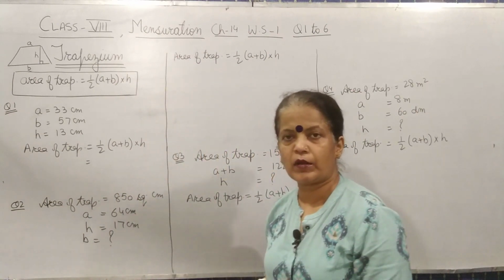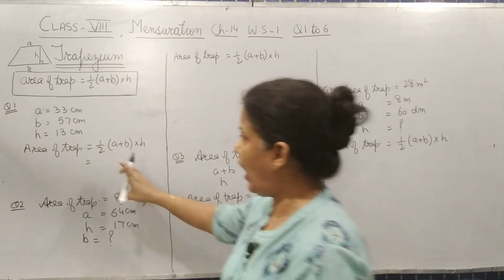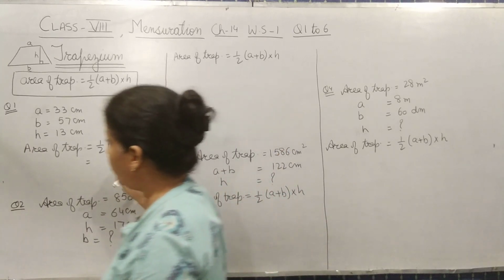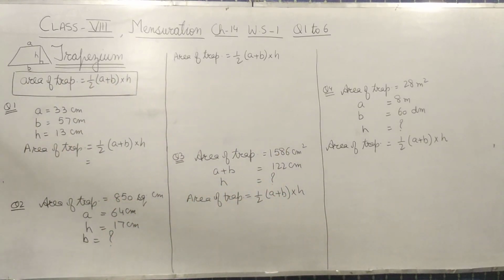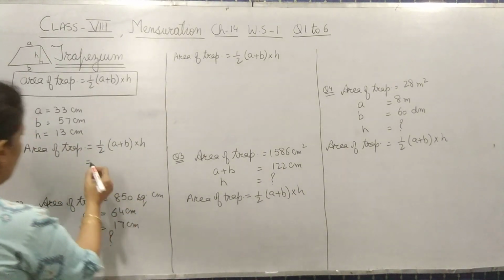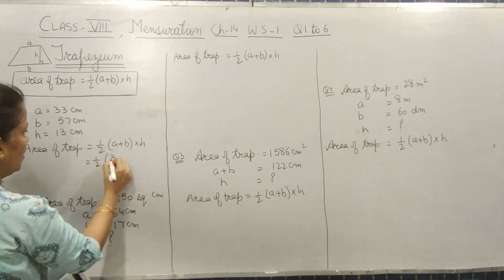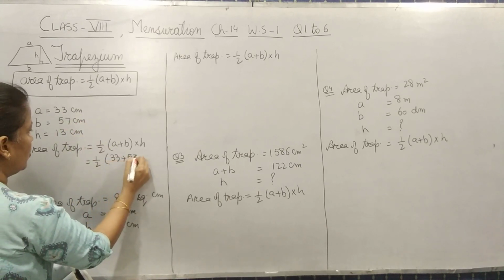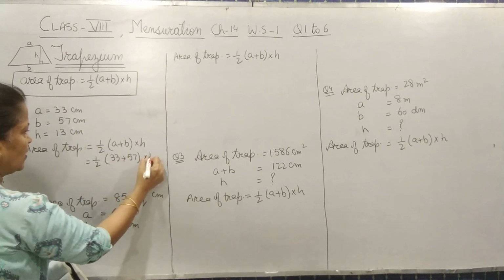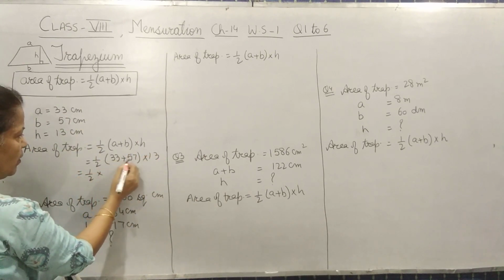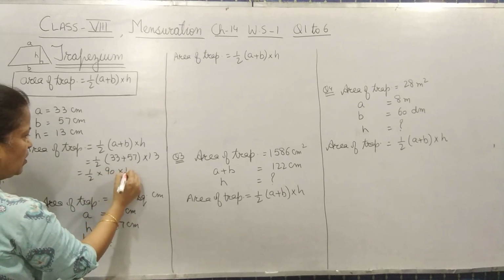So the area of a trapezium, what is the formula? Half into the sum of the parallel sides into height. Now we will put the values in this. Half, the sum of the parallel sides, substitute the value, multiply height, that is 13. Now solve it. Half, now it will become 90 into 13.